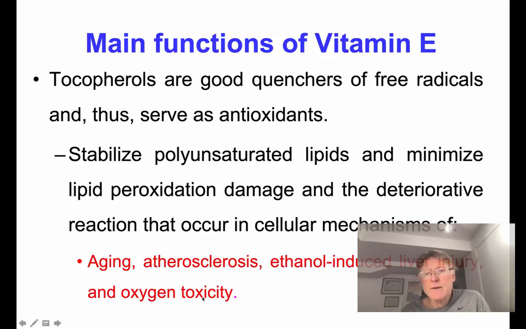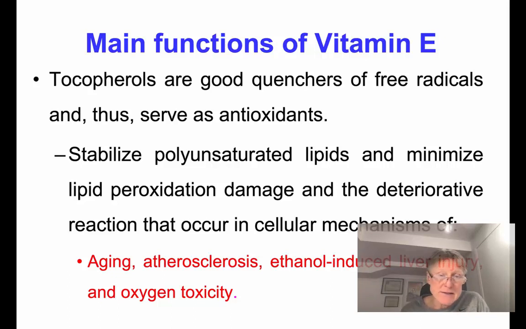In other words, because vitamin E is a fat-soluble molecule, it localizes itself within the membrane of cells, which is a lipid bilayer. So because it's an antioxidant that is soluble in fat, it localizes within the membrane and protects the membrane against the attack of free radicals.